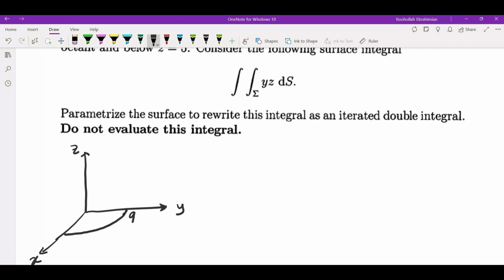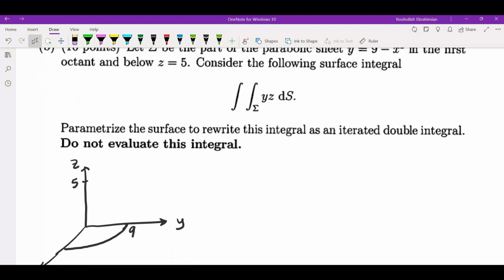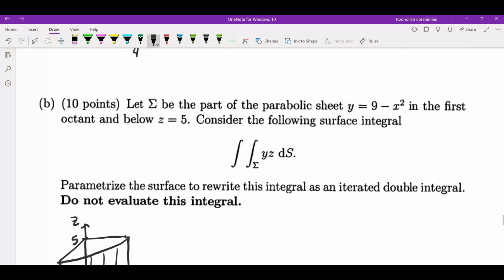This is 9, and it's opening down towards the negative y-axis. So part of the parabolic sheet in the first octant below z equals 5, and z equals 5 is right here. So we have a situation like this. So this is our solid. Although they said it's a surface, so this is our surface.